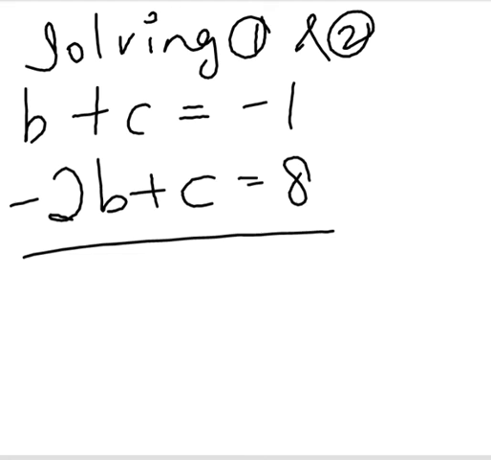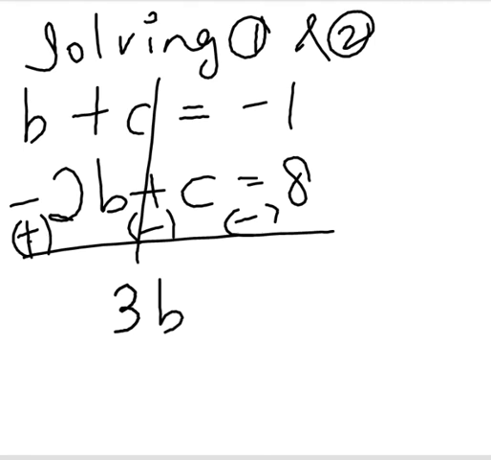So let's subtract them. Minus into minus is plus, minus into plus is minus, and again minus. So c minus c cancels. 2b plus b is 3b, and minus 8 minus 1 is minus 9. So b is equal to minus 9 by 3, which is minus 3.